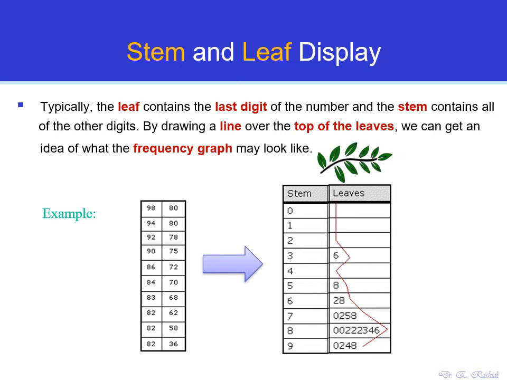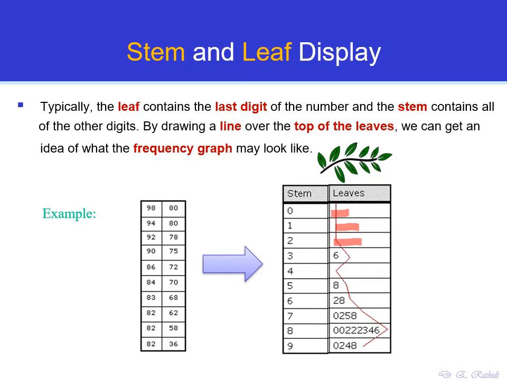But how does this really work? Let's look more closely at this. I don't have any numbers with 1 digit, that's why I don't have any leaves in this row here. I don't have any numbers in the tens, right? So that's why I don't have any leaves in this row. No numbers in the 20s, so no leaves here.